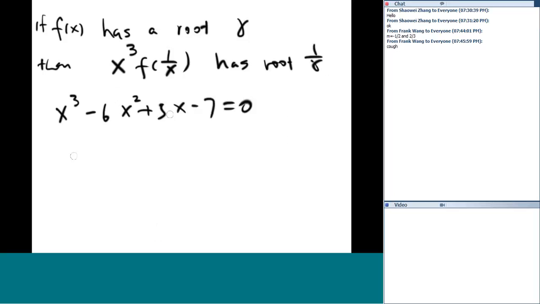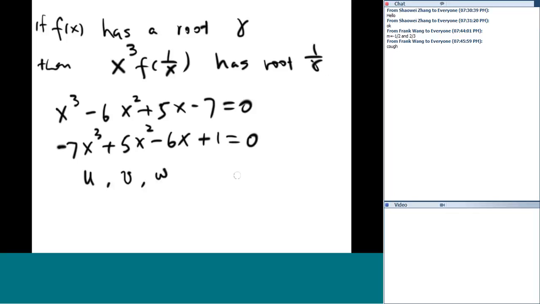To flip it, you get minus 7x cubed plus 5x minus 6x squared plus 1 equals 0, right? So assume this one has roots u, v, w, which are exactly 1 over r, 1 over s, 1 over t, right?